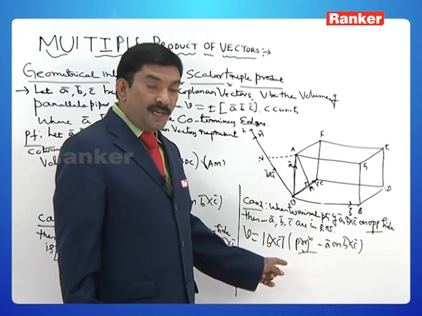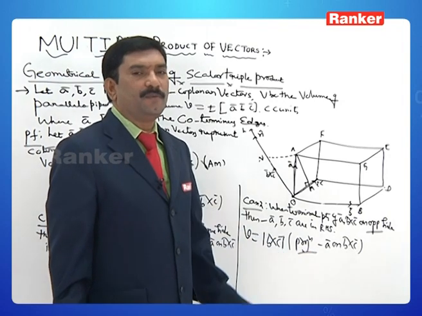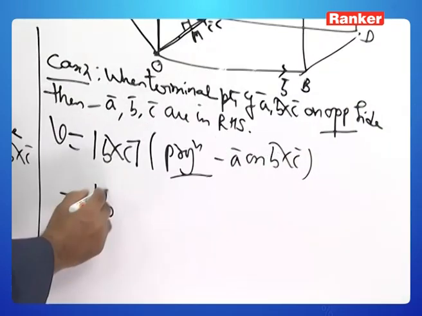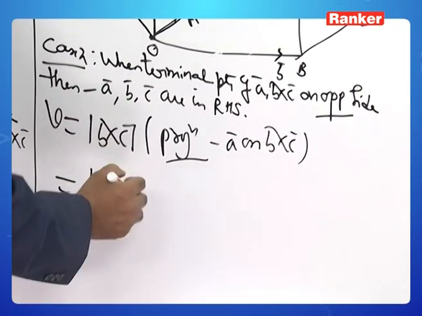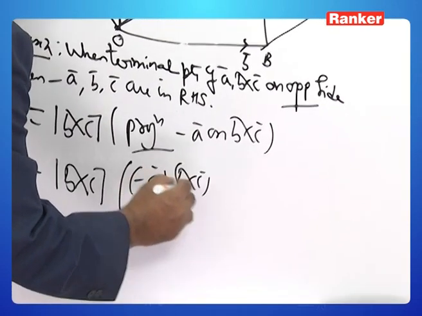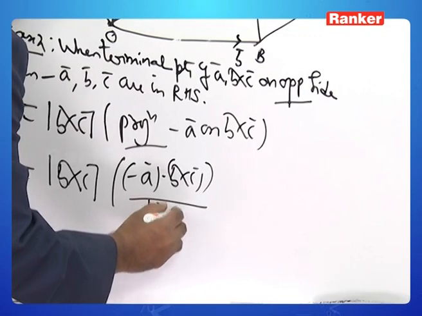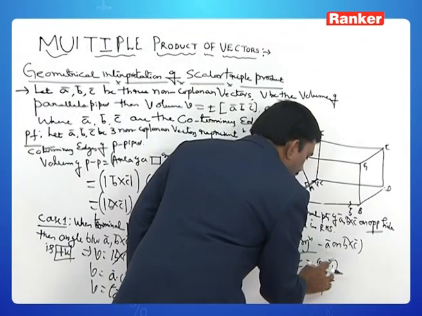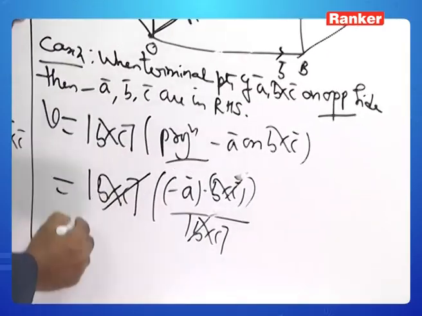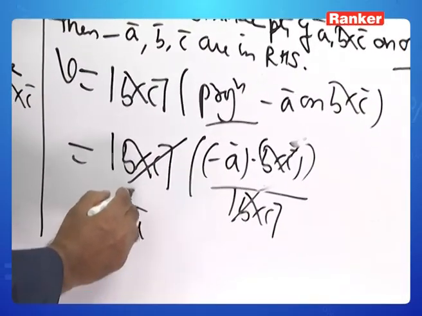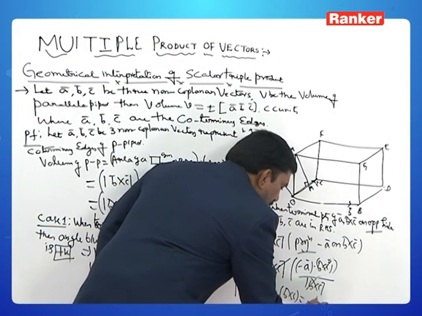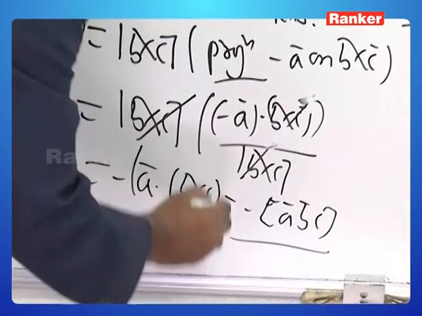That's the reason to change the direction, we made it minus A bar. One has to understand. So therefore, I can write B bar cross C bar into minus A bar dot B cross C whole divided by modulus of B cross C. This and this get cancelled. I can write minus of A bar dot B cross C. I can write this one as box of A bar B bar C bar.